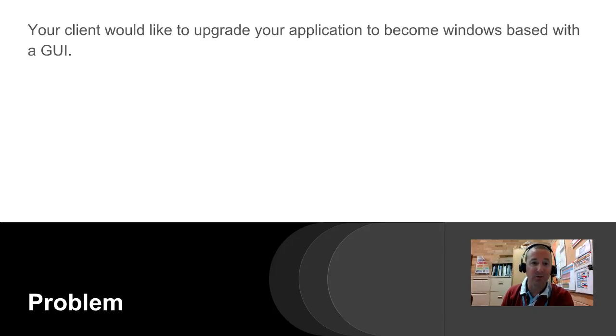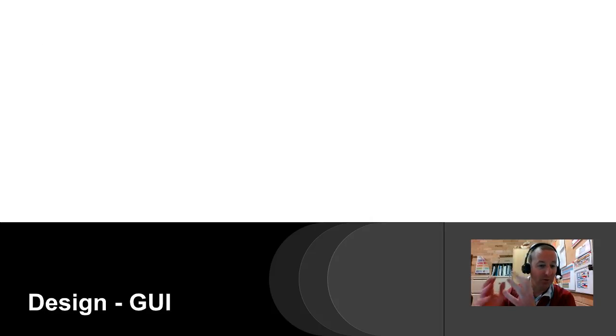So what you'll need to do when we get to Visual Studio, save your console app version, and in Visual Studio we're going to use the code and the sequences that we created in our console app, but we're now going to create a Windows-based GUI for it. So step one in your design is I want you to come up with a screen design for your GUI.